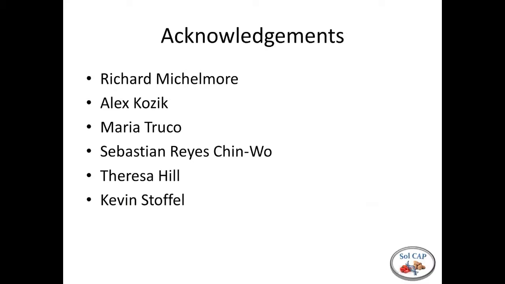Dr. Richard Mitchell-Moore works on lettuce and genomics. Alex Kozik has developed a number of scripts, along with advice from the other people acknowledged here, Maria Trucco, Sebastian, Teresa Hill, Kevin Snowfall, and myself. We've implemented these in both lettuce and pepper to develop high-density genetic maps.